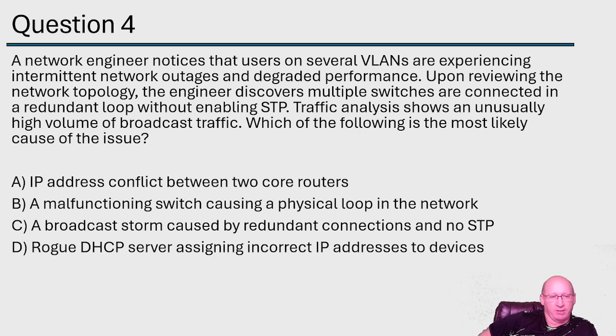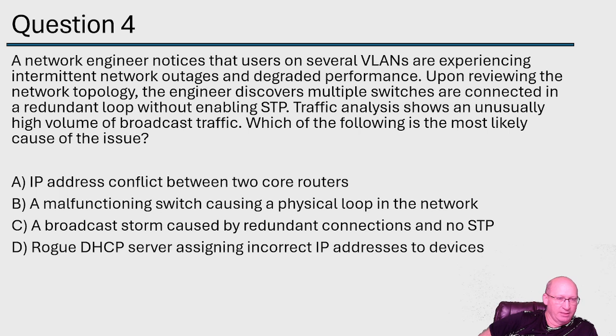I feel like we can get rid of A, IP address conflict between two core routers. That could cause specific connectivity issues, but not something broad, not something wide like this. Definitely not something I would associate with this type of issue.